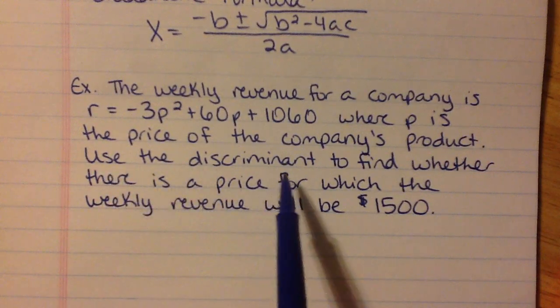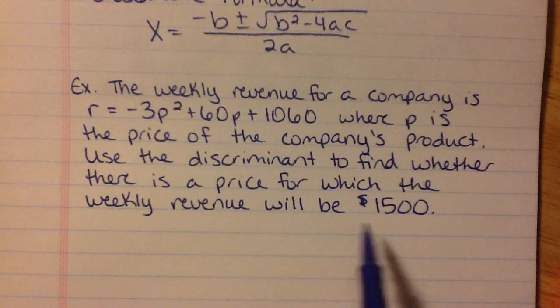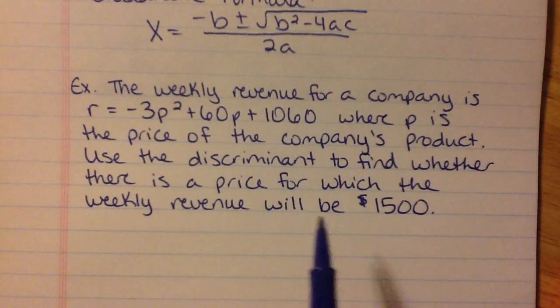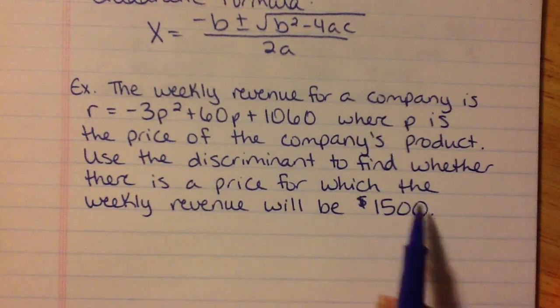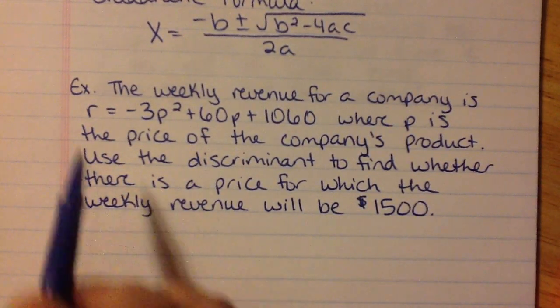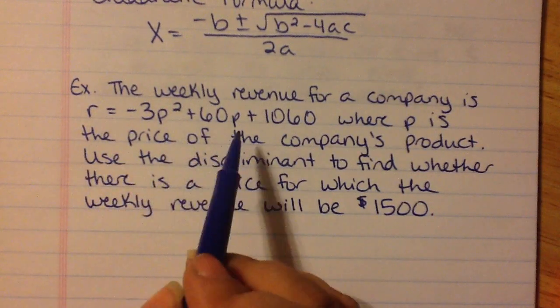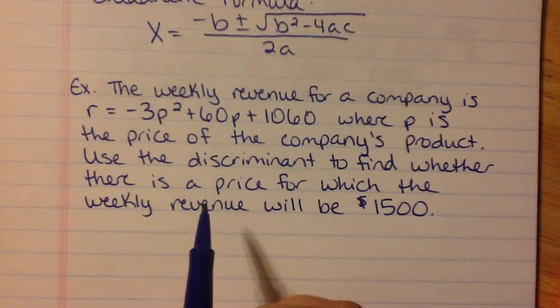We are going to use the discriminant to figure out whether there is a price for which the weekly revenue would be $1,500. So in order to do this, we need to figure out what $1,500 would be. Well, it says it's the weekly revenue. So which of these variables would we replace with $1,500 if it's revenue?